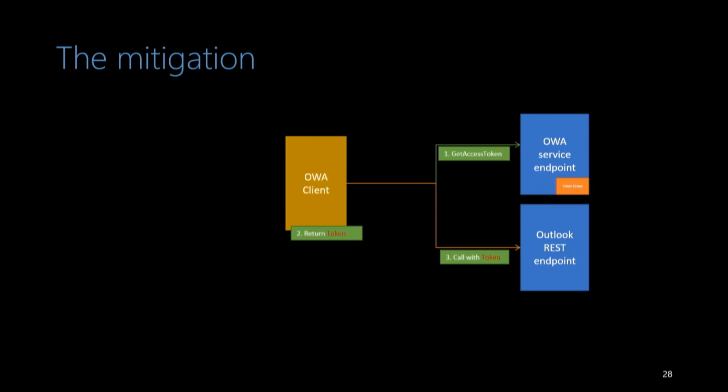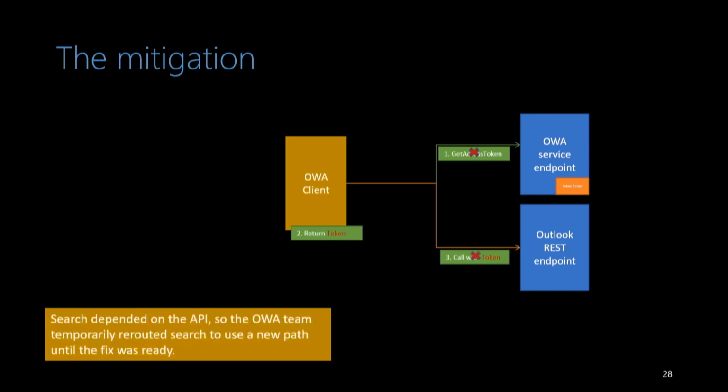So, to mitigate it, we immediately turned off a flight, or a switch as we call it, to stop the Get Access Token API from returning these partially signed tokens to the client, which also meant all the calls to the Outlook REST endpoint would fail, especially search.